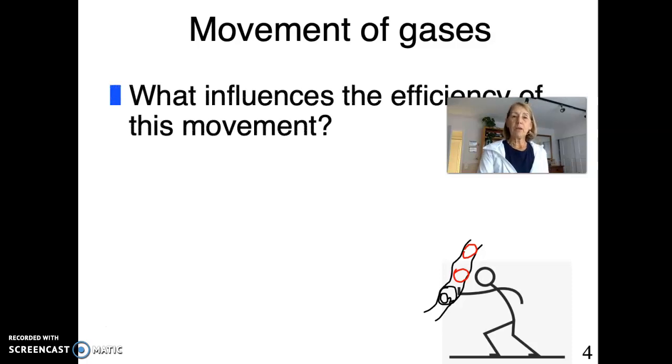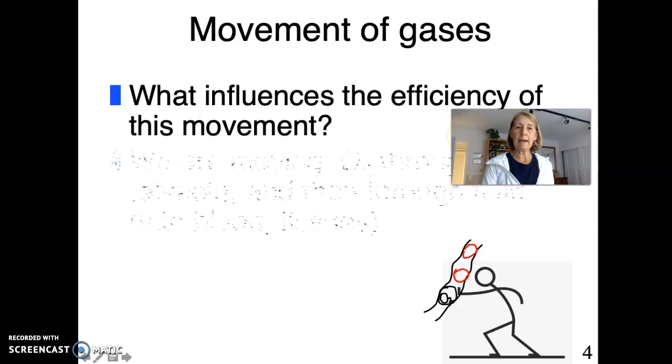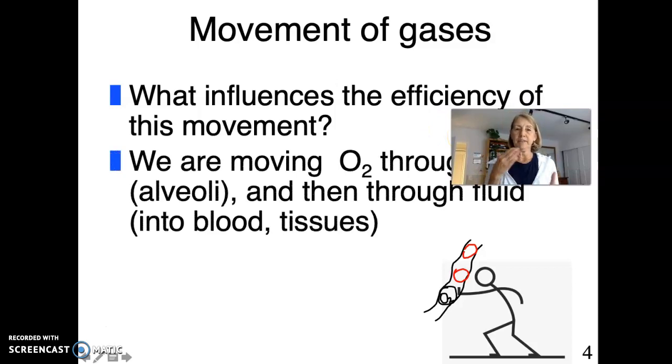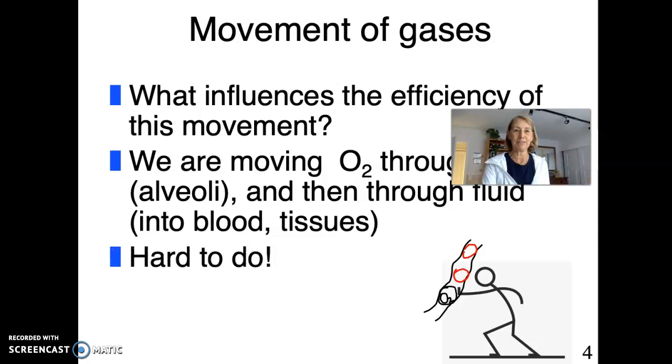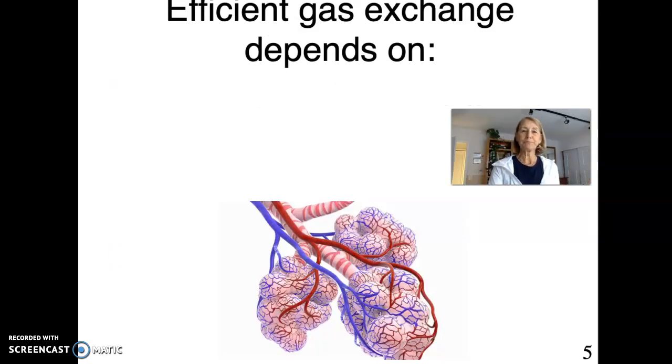So what influences the efficiency of this movement is what we want to look at. We're moving oxygen through air, more specifically alveoli, and then through fluid into the blood and then from the blood into the tissues. It's kind of like barrier after barrier that we have to accomplish.